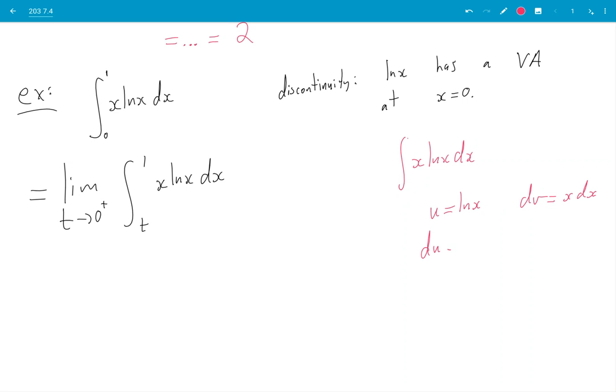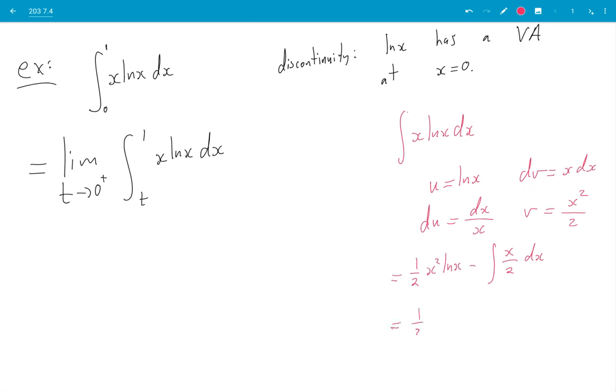So v is x squared over 2. So I get half x squared ln x minus the integral of x over 2 dx, which is half x squared ln x minus x squared over 4 plus constant.